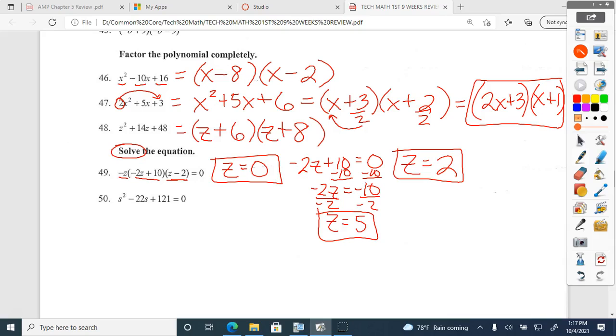And last but not least, 50. There are no factors yet, so we have to make the factors by factoring it. There's no common factor. So we have to figure out what two numbers multiply to be 121 and add up to be negative 22. 11 and 11.